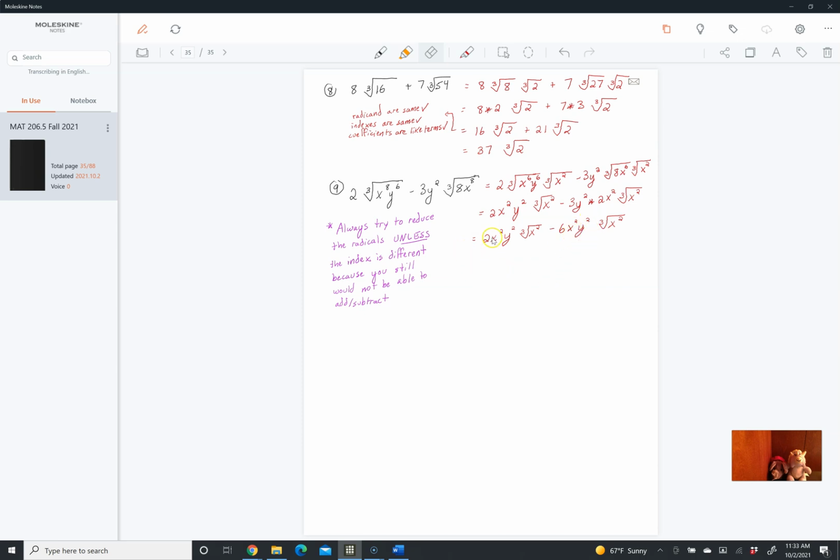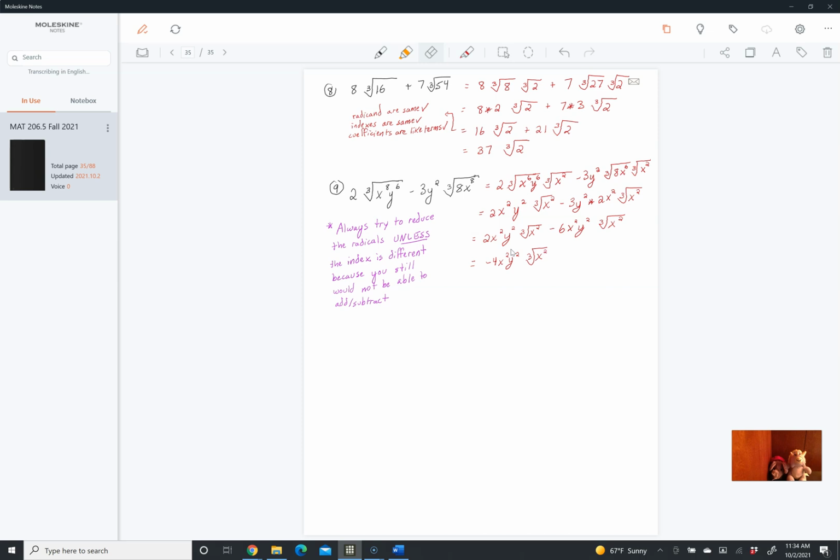The powers of y are both 2. Okay? That's what makes them like coefficients. So these we can subtract. 2 minus 6 is negative 4. Negative 4x squared y squared, cube root of x squared.